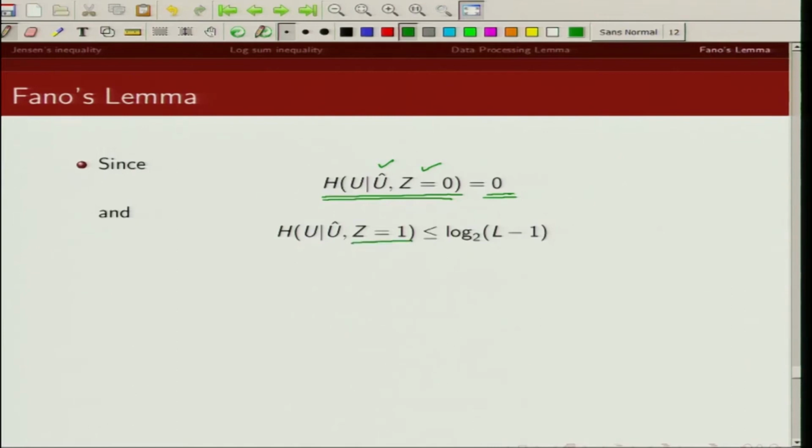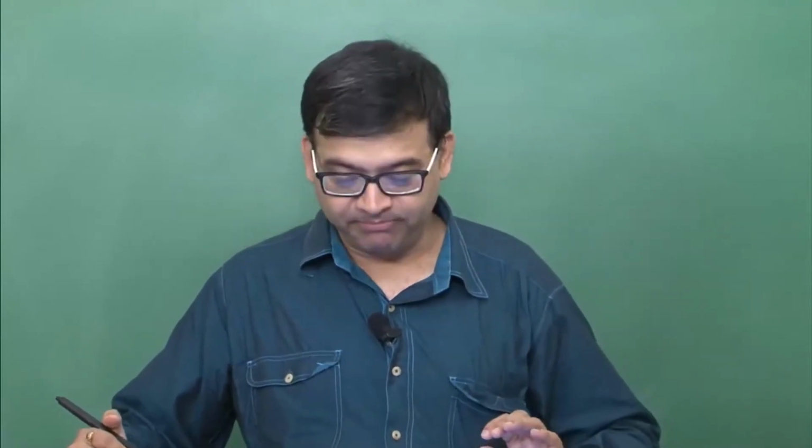What about when Z is 1? When Z is 1, this corresponds to the case when U is not the same as U hat. That means an error has happened. So in this case you know that U is not equal to U hat, but you do not know which of the remaining L minus 1 possibilities.